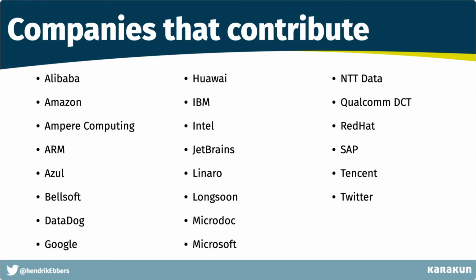So Azul has Zulu, Bellsoft has Liberica, and Amazon has Corretto, for example. And then you have some huge companies like, for example, Twitter or JetBrains that do not share OpenJDK distributions, but build their own OpenJDK distributions. Twitter, for example, builds their own OpenJDK distribution to run the Twitter services on it. So as you can see, several big companies and several reasons why they are contributing to the OpenJDK.